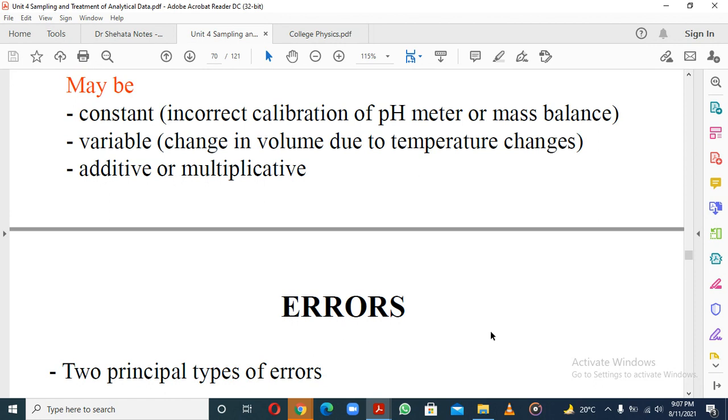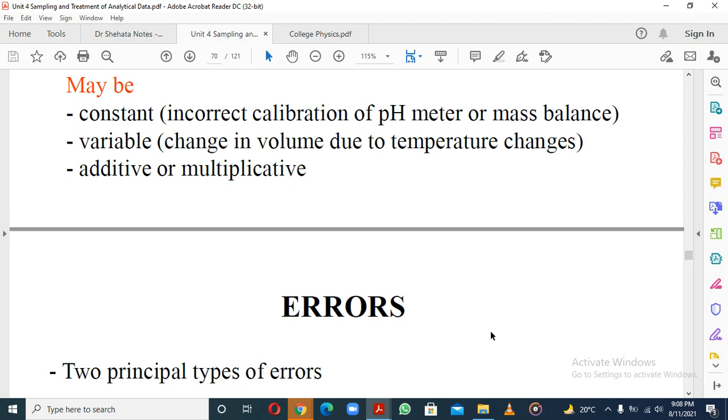And then there are certain variable ones. Let's say it's a temperature issue. Volume is affected by temperature, and like we said, that's why molarity tends to be affected by temperature, since volume is affected by temperature. That's also why you've got a difference between the density of ice and the density of liquid water.